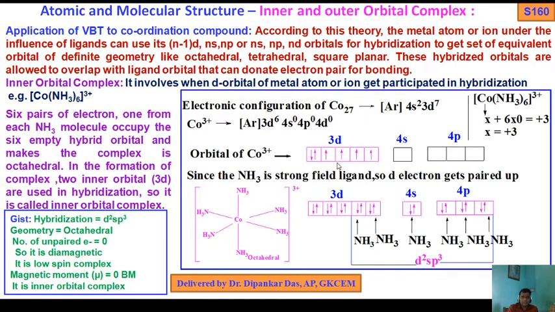So what will happen? Here there are 4 unpaired electrons; they get paired up and occupy two orbitals. So the remaining two orbitals of 3d remain vacant.